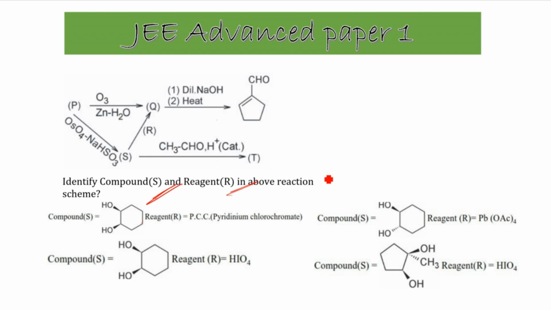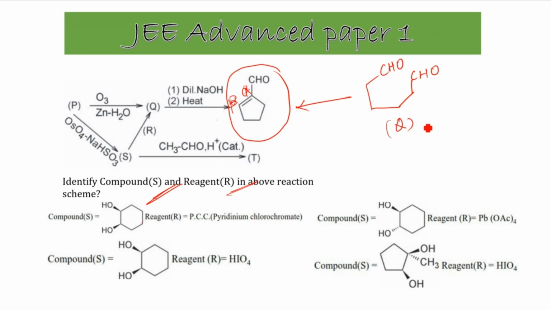Our clue is that I'm having an aldehyde over here, so we have to do the retrosynthesis of this compound. This is an alpha-beta unsaturated aldehyde. With dilute NaOH it has been formed, so there is the possibility of an aldol condensation reaction.